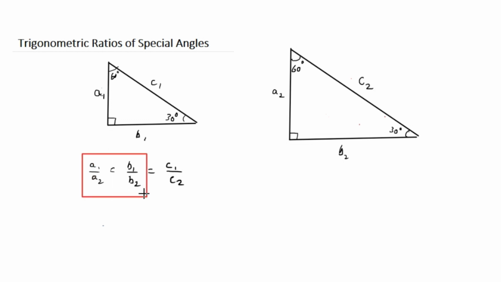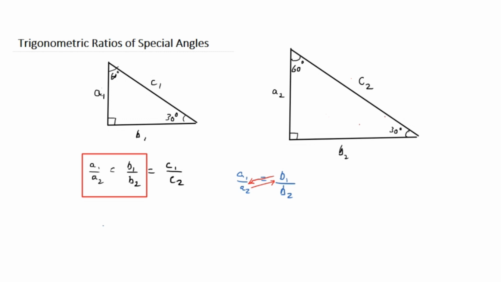Now let us have a look at these two ratios, which says that A1 over A2 is the same as B1 over B2. Now if I take the denominator of this side to the numerator there and bring the numerator to the denominator here, it is not going to make any difference to the equation. Or I can say I just divide both sides by B1.